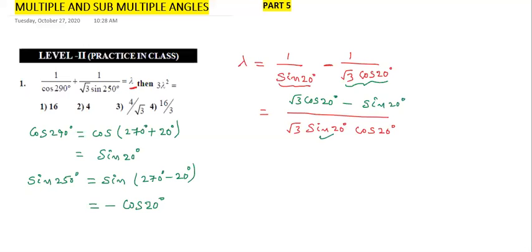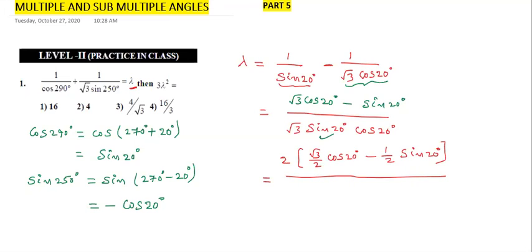Now see the numerator. So I am going to do like this, multiplying 2, dividing 2: root 3 by 2 cos 20 minus, dividing 2 here also, sine 20. Students, finally in numerator observe what I have done, multiplying 2, dividing 2.